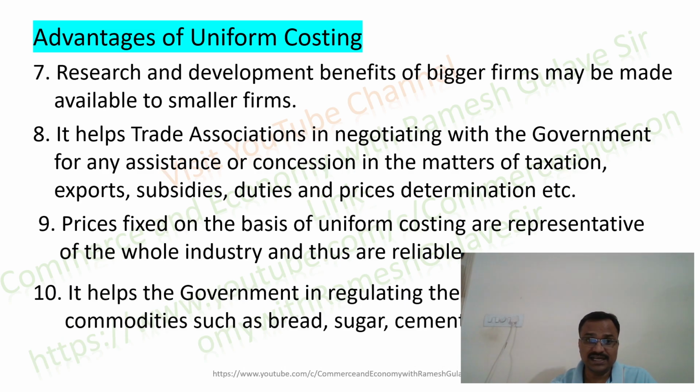The next advantage is that it helps the government in regulating the prices of essential commodities such as bread, sugar, cement, etc. As we have discussed in the example of the cement industry, where several firms are practicing the system of uniform costing, in that case the government can control the prices of cement or various things related to that industry, right? So basically uniform costing helps the government also.